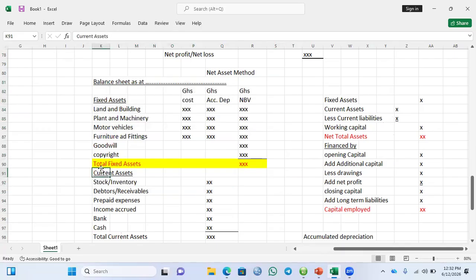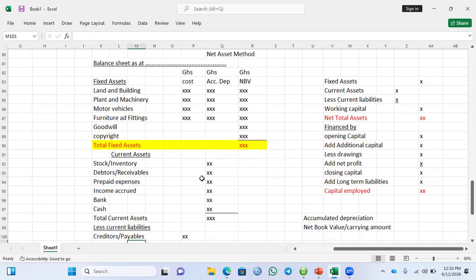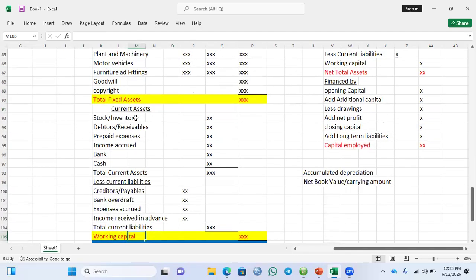or at the next time, you look at how you present your current assets and your current liabilities. Okay, how you get the working capital. You just learn that one. You bring your current assets total, bring your current liabilities total, you subtract and get the working capital. So learn them in blocks.